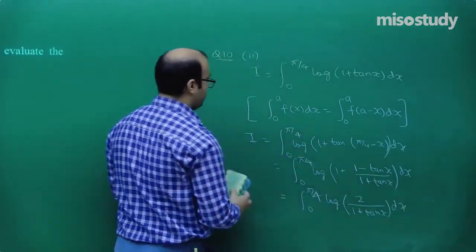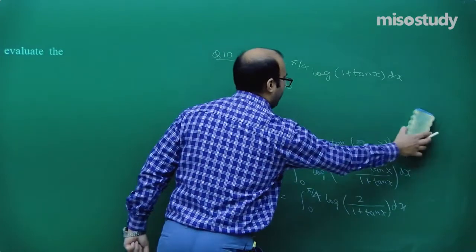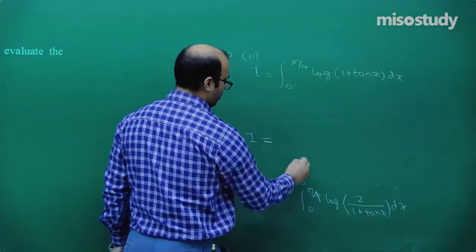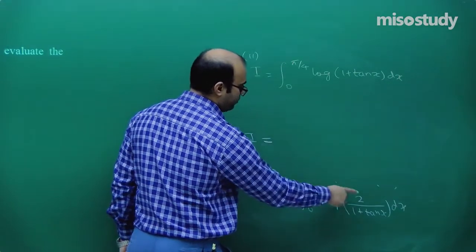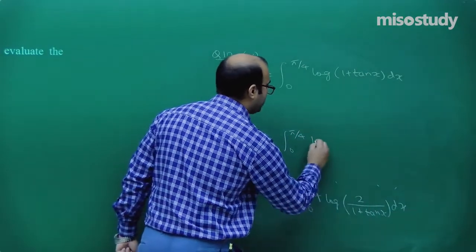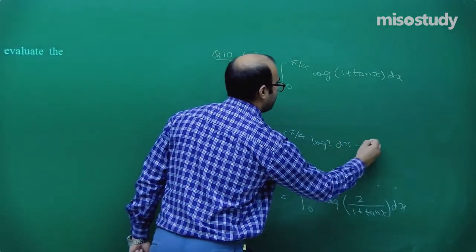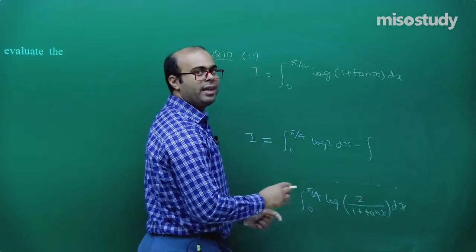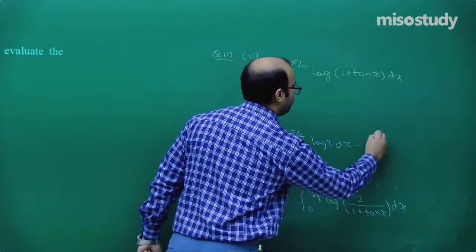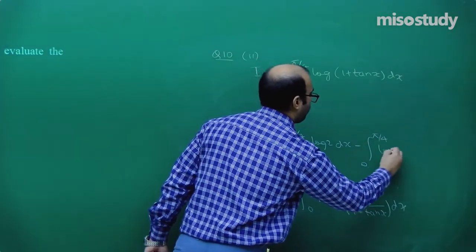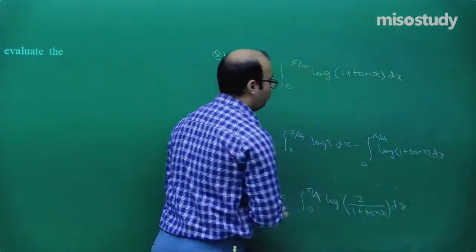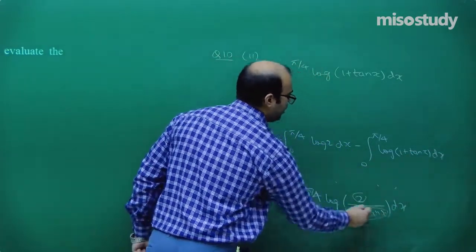In the next step, by the property of log, we can write this I as the integral 0 to pi by 4 of log 2 dx minus, since these are in a ratio, we can take it as minus and take the log separately by the property of log, the integral 0 to pi by 4 of log(1 + tan x) dx. So this is how we separated the numerator part and the denominator part.